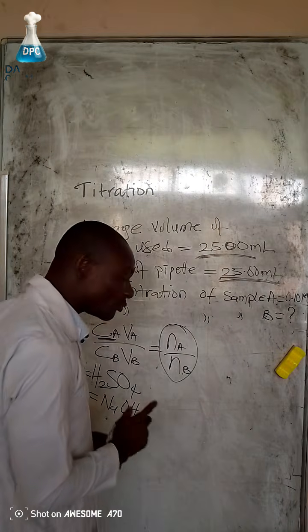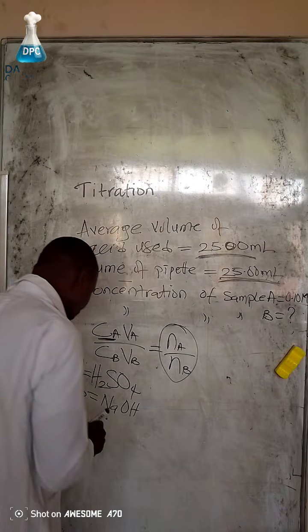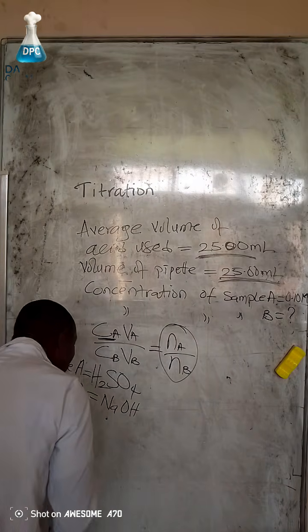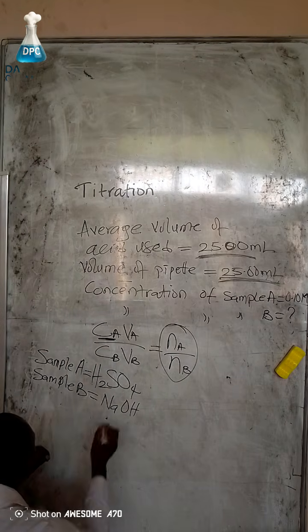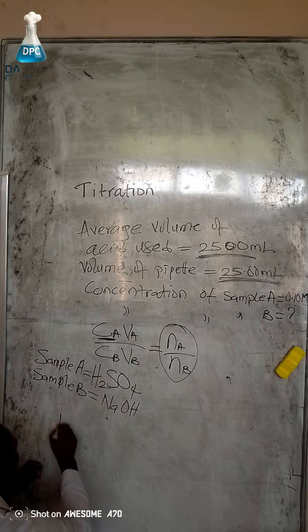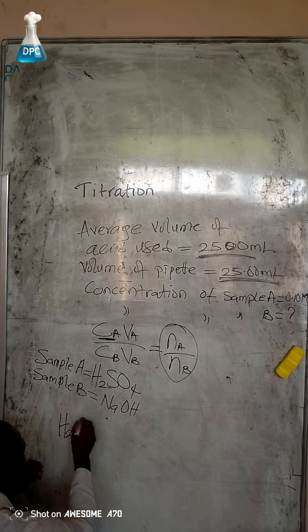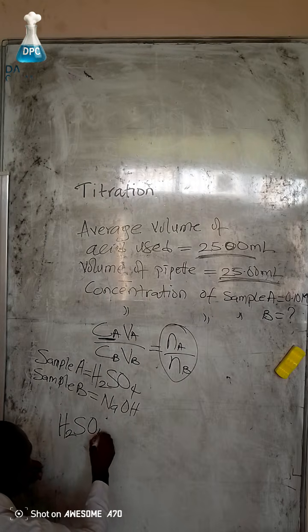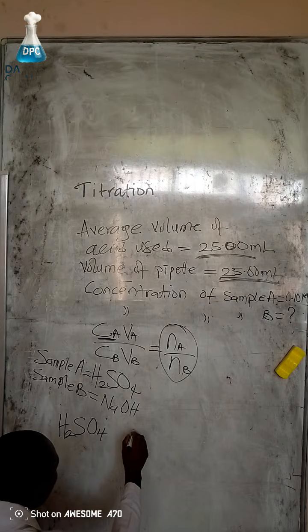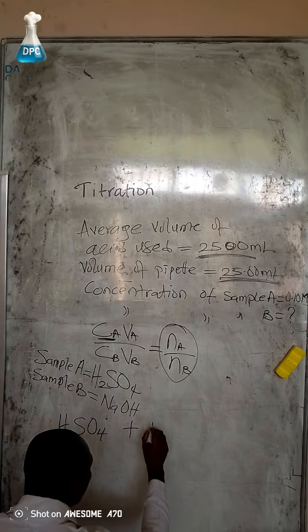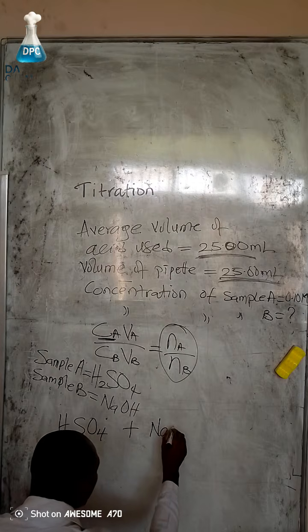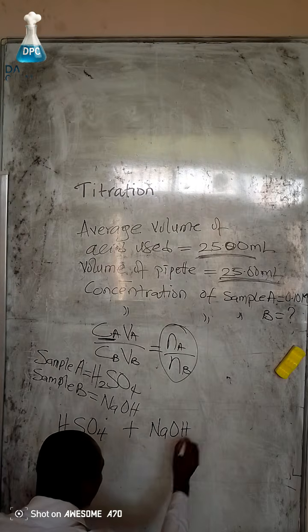Now, I would like to write a balanced chemical equation. Let's take H2SO4 plus NaOH.